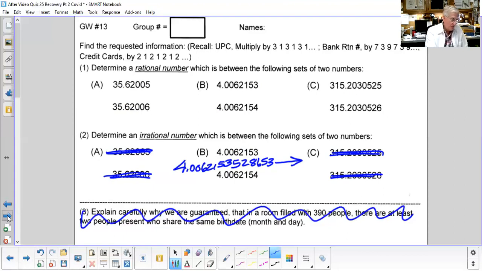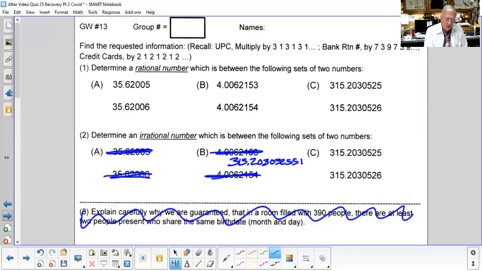All right. So let's go to the third one. Okay, I'm going to start way over here. 315.20305255. I'm just going to pick out any pattern I want, any numbers I want. How about 1, 2?